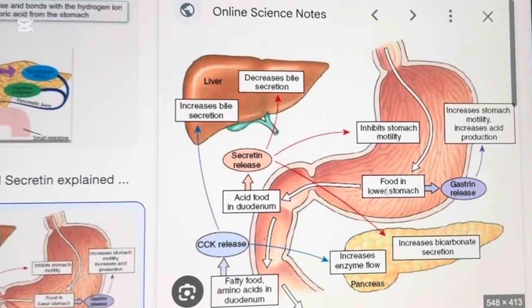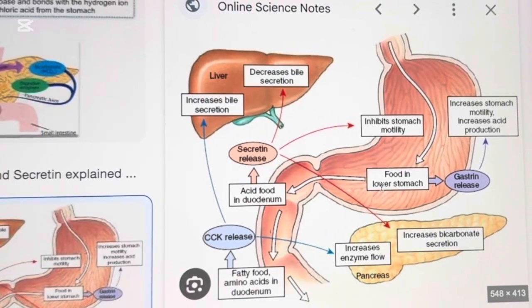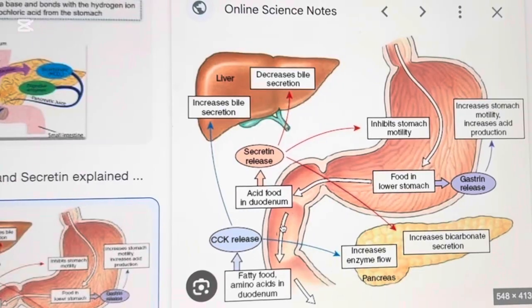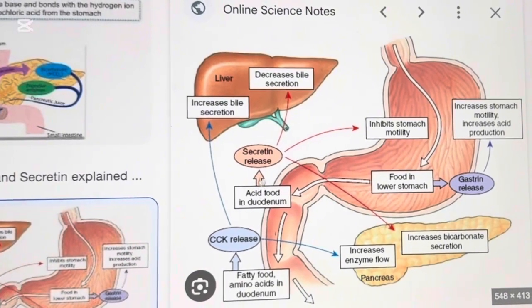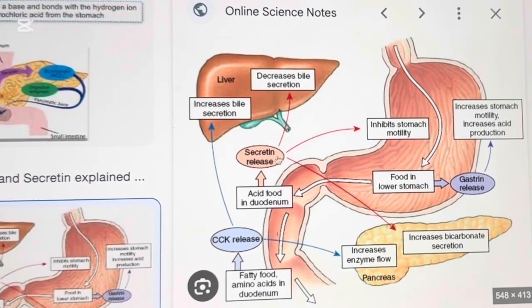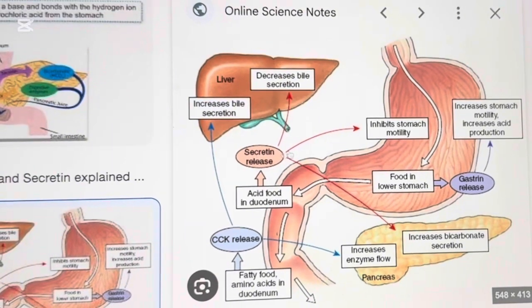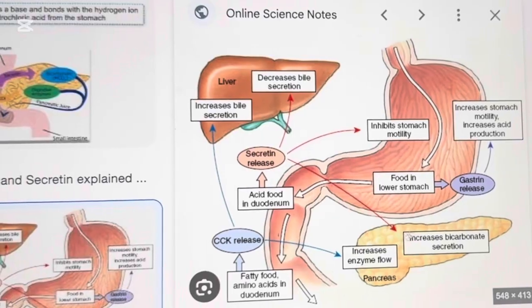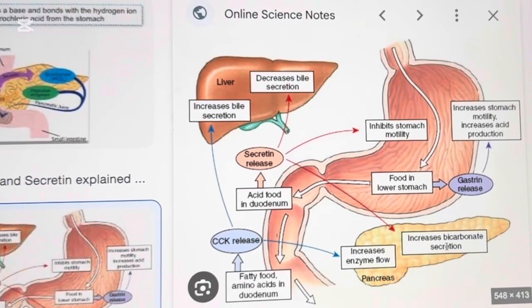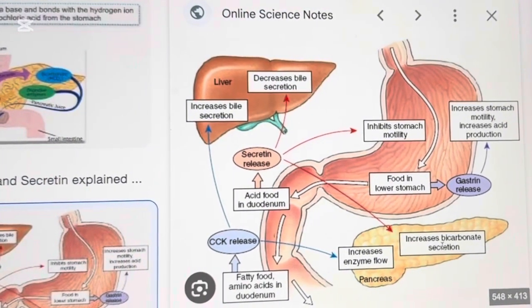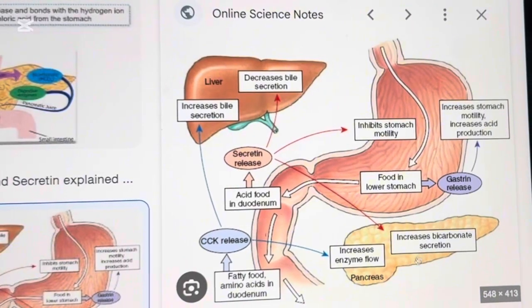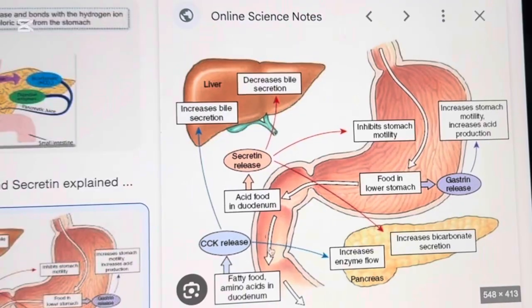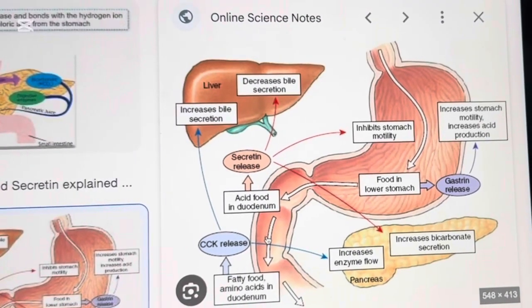So when acidic food enters your duodenum, the cells of your small intestine secrete a hormone called secretin, and this secretin in turn stimulates your pancreas to increase the secretion of sodium bicarbonate, and that's how it reaches your duodenum and neutralizes the acidic chyme.